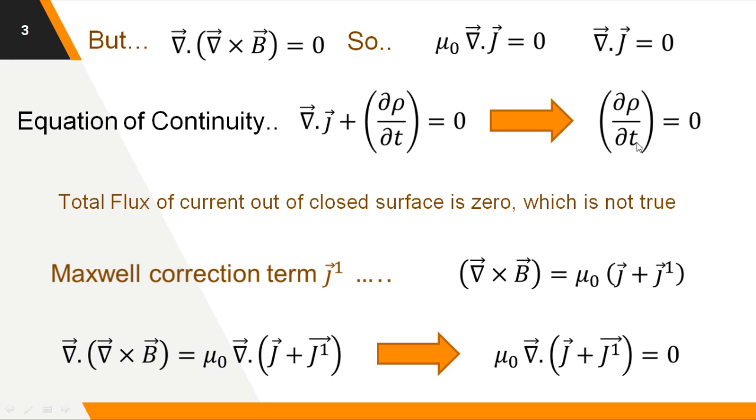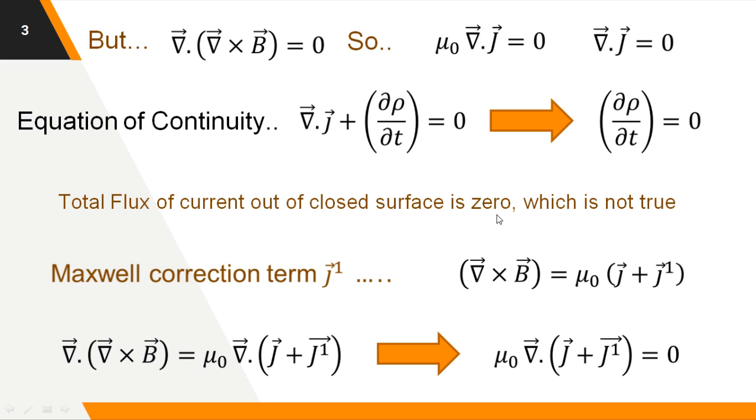So when we say del cross B equal to mu naught J only, this difficulty arises. There is actually conservation of charge, but this violates the conservation of charge. If the charges are entering, then we cannot say the charges are not leaving. If the current is entering, we cannot say the current is not leaving.